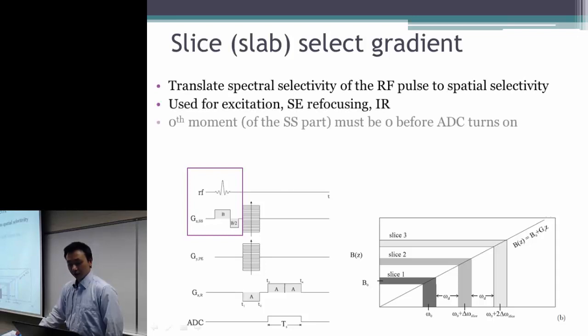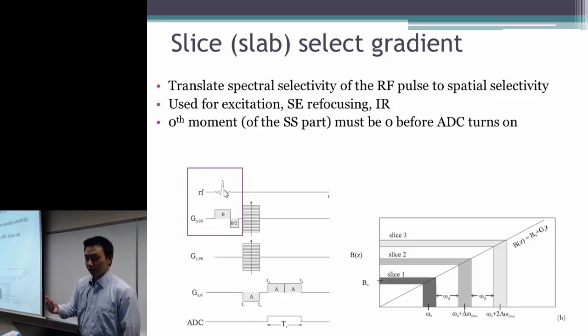Okay, so for the slice select gradient, as we have seen this before, this is kind of a review here. For the RF pulse, if the RF pulse is applied by itself alone, it has a center frequency and a bandwidth. So it's basically spectrally selective.